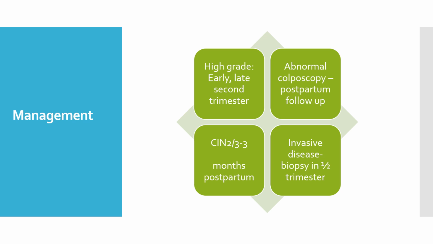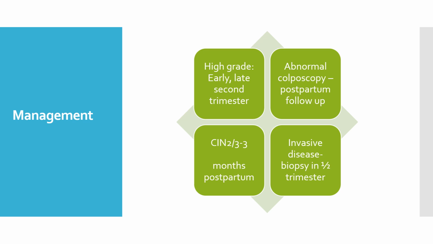Now, the biopsy in pregnancy is not done with the help of punch biopsy forceps. The reason being that it does not give us enough tissue to be analyzed because of the hormonal changes in the pregnancy. So the biopsy is actually obtained with a shallow loop.